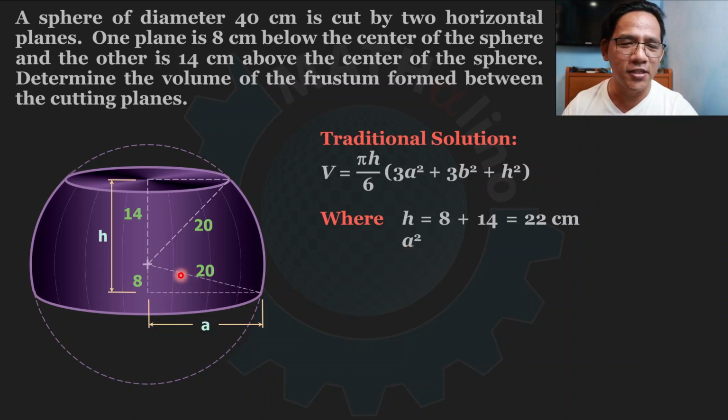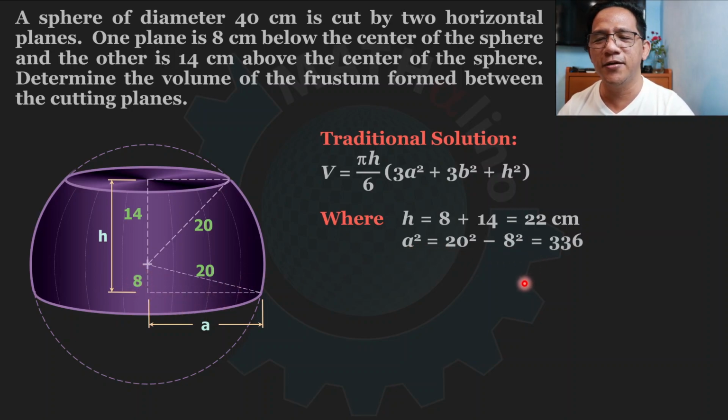Hypotenuse squared is equal to A squared plus 8 squared. So A squared is the hypotenuse squared minus 8 squared. In our calculator, we get 336. How about the upper base radius? This radius here, we call that B. What is the value of B squared?